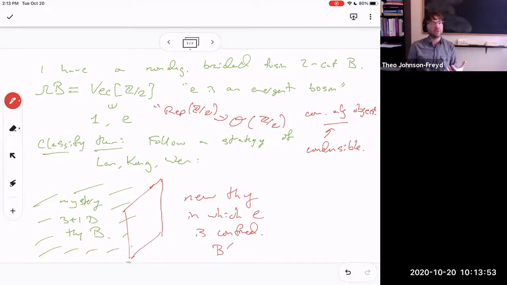This is something you can do purely in category theory. Given an algebra object, you can, in a symmetric monoidal 3-category like this, build a new theory in which you condense it. This is a new theory, B prime, and it has the following property: the endomorphisms of B prime is trivial.